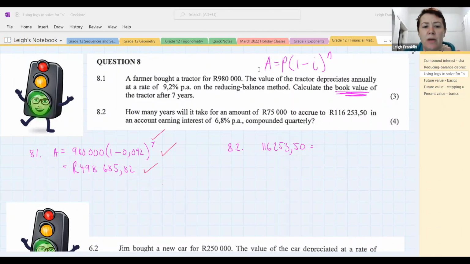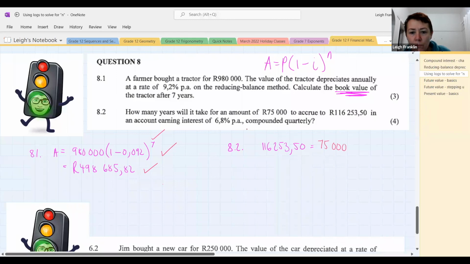It shouldn't be. Yes, so quarterly is divide by 4 for the interest rate and times by 4 for N. Okay, so you should have had that.